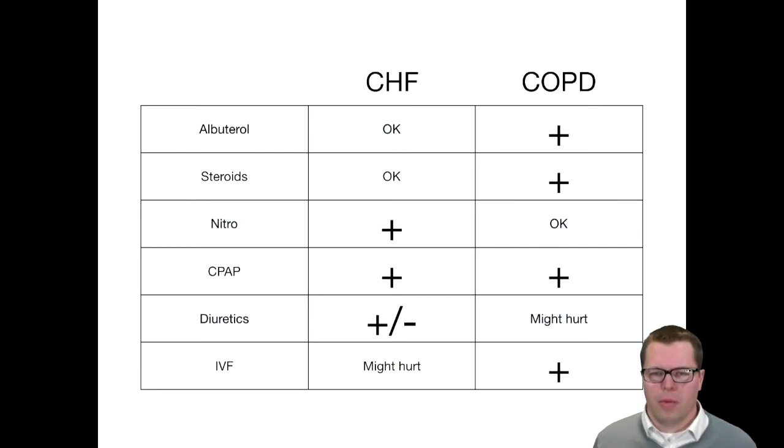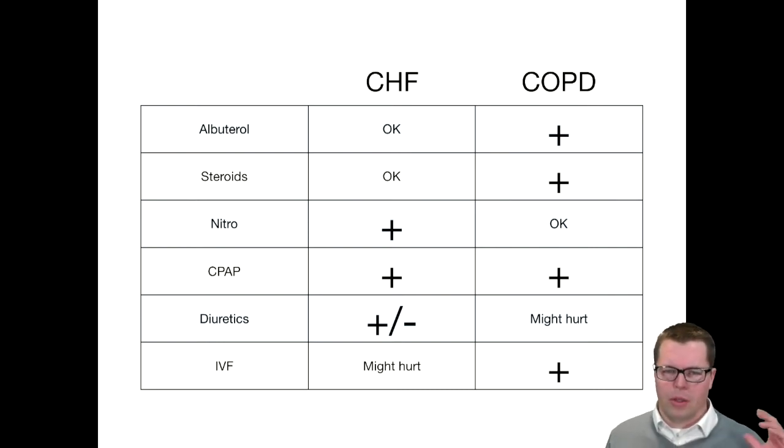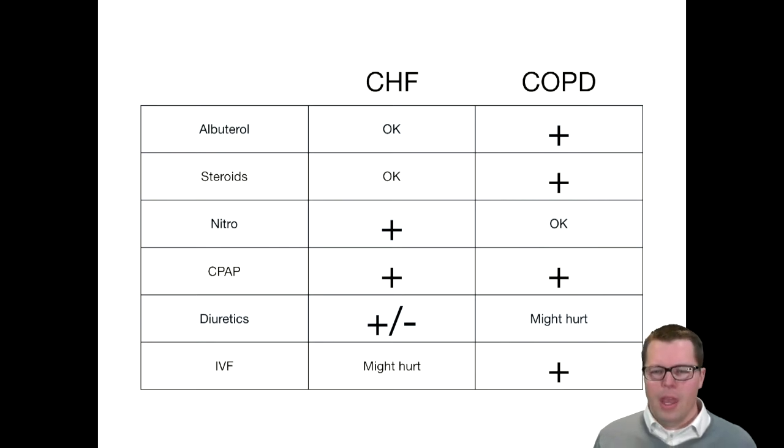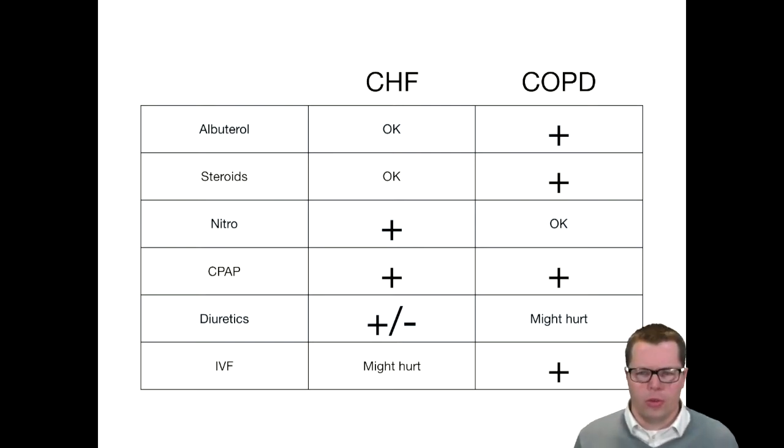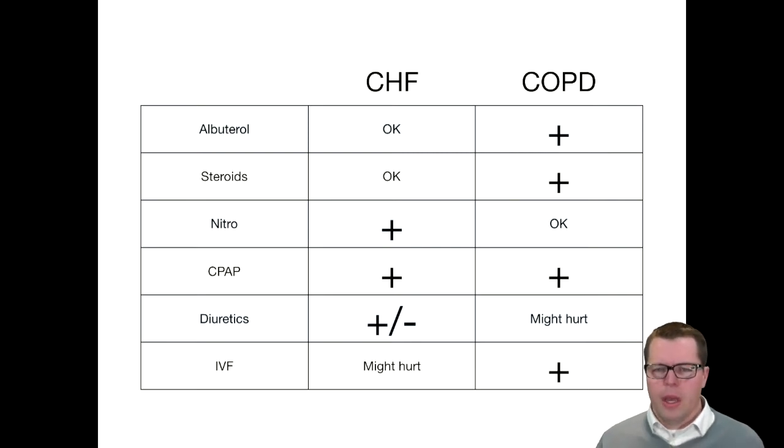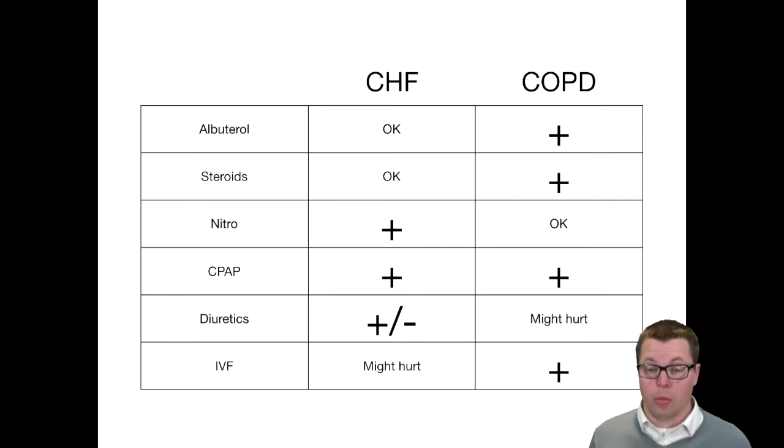The only time when you really might run into problems, it's not with albuterol or giving them steroids or nitro or CPAP or anything. It's a bit with the diuretics, which I'll talk about why we really shouldn't probably lean on those anyway in most cases, because you could potentially over-diurese somebody who doesn't need it to start with COPD. Or IV fluid, which if you administer to the CHF patient could potentially make them worse if they're already volume overloaded.